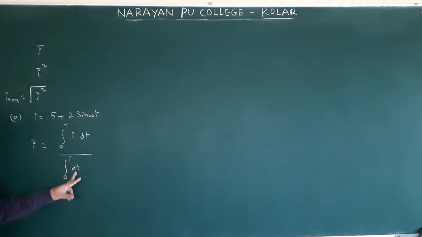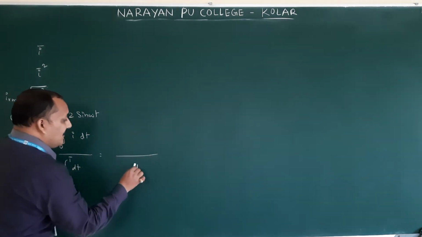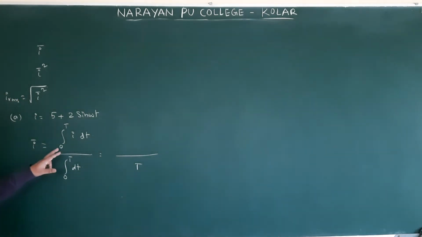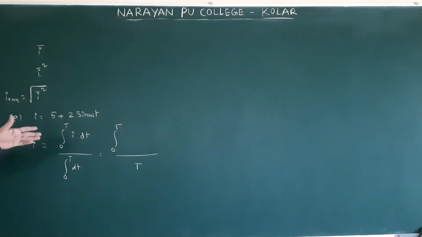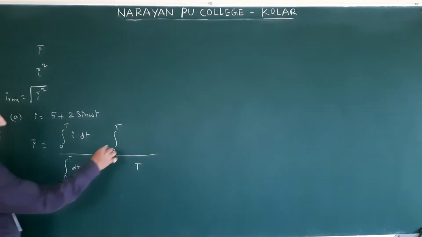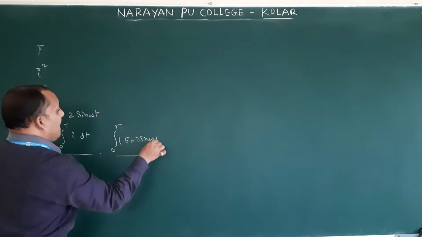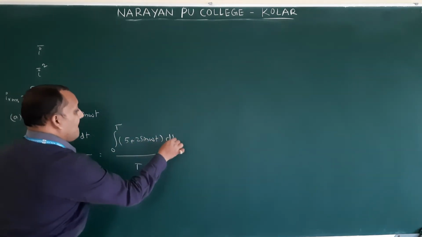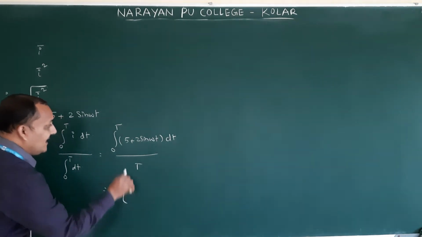So integral 0 to t dt value is t. Therefore this denominator value t is going to become 1 by t, and in the numerator 0 to t, I value, 5 plus 2 sin omega t dt.